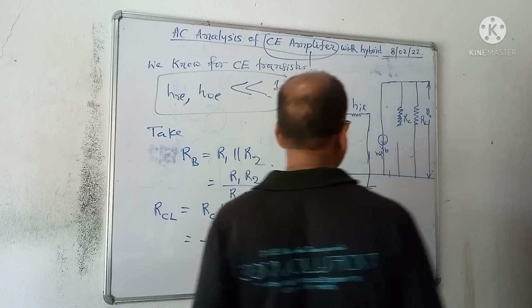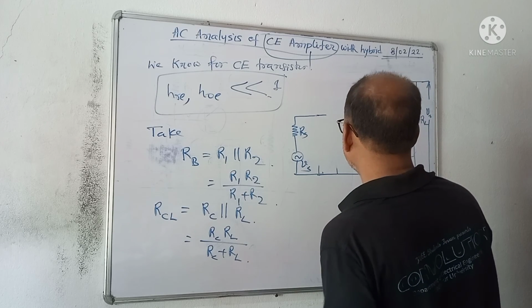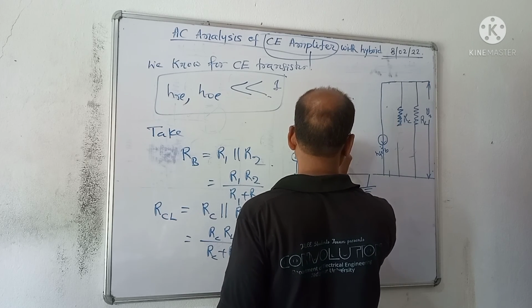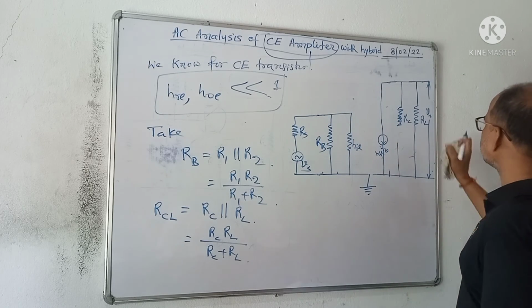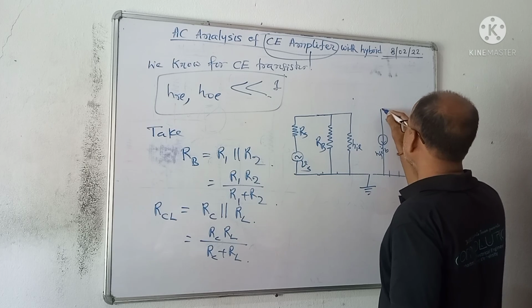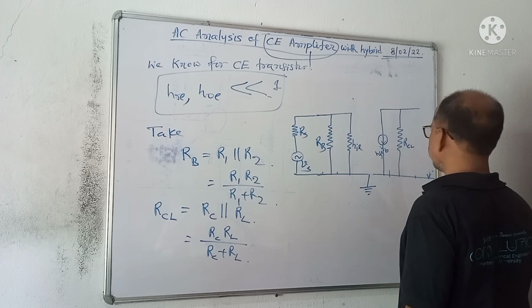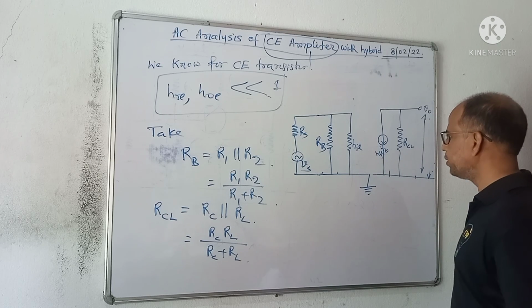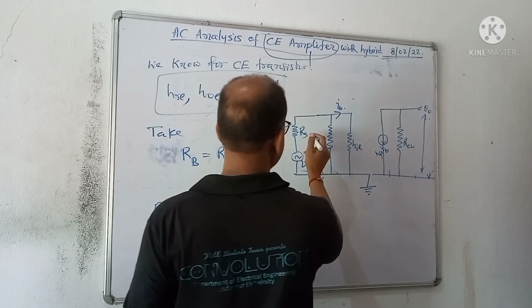Therefore, the hybrid model circuit of the amplifier becomes: this is your RB, this is your HIE, this is your RCL, this is the V naught, this is your IB, and here it is RS.